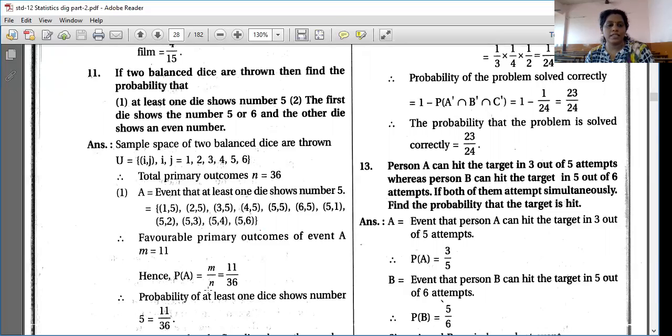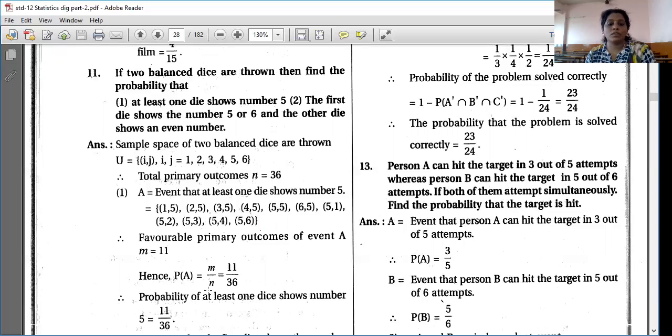Minimum at least one, so it can be more than one also. Okay, that means there are two dice, and both of them can also be 5; at least one must be 5, like 1 5, 2 5, 3 5, 4 5, 5 5, 6 5, 5 1, 5 2, 5 3, 5 4, 5 6. These are the outcomes, meaning one of the dice must be 5 at minimum, and it can be more, so we have also considered 5 5, right?